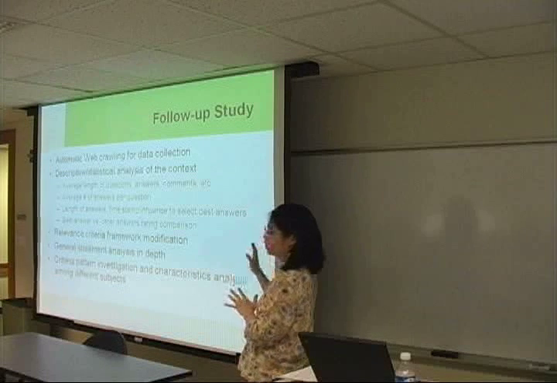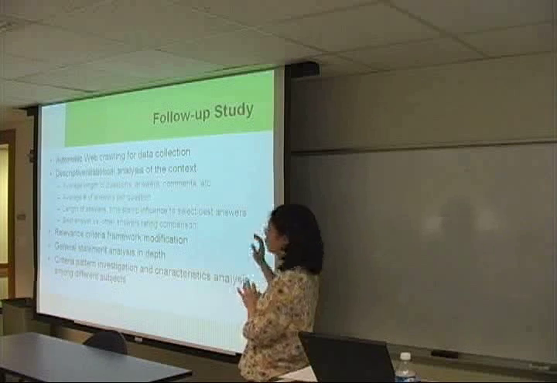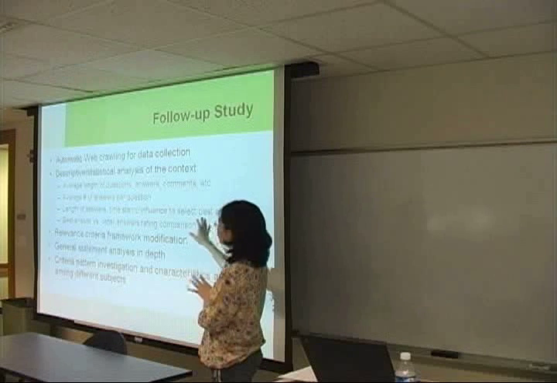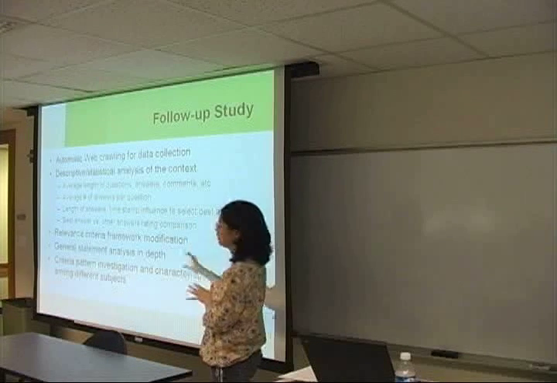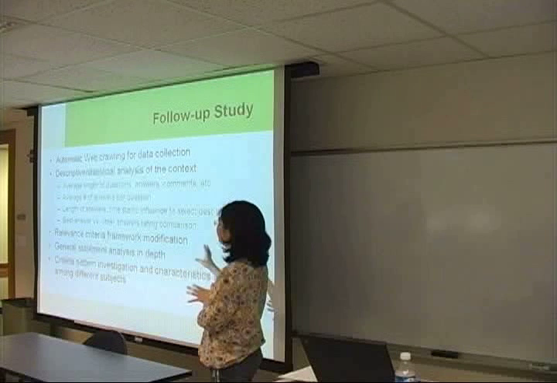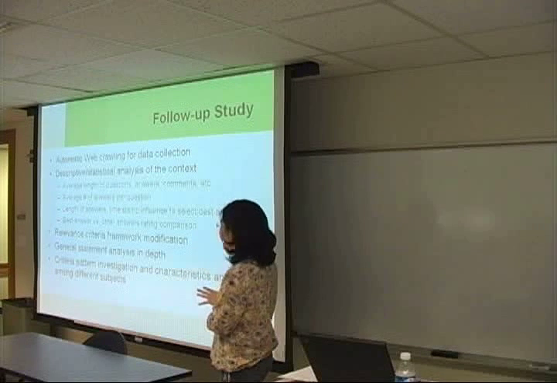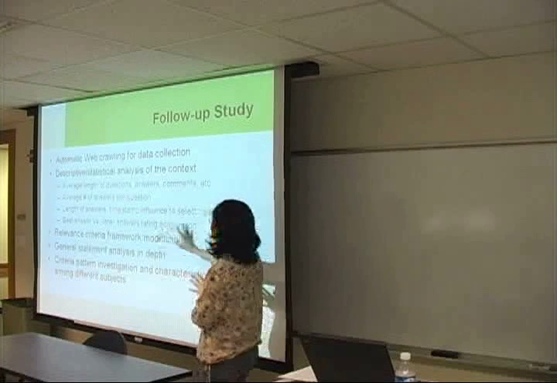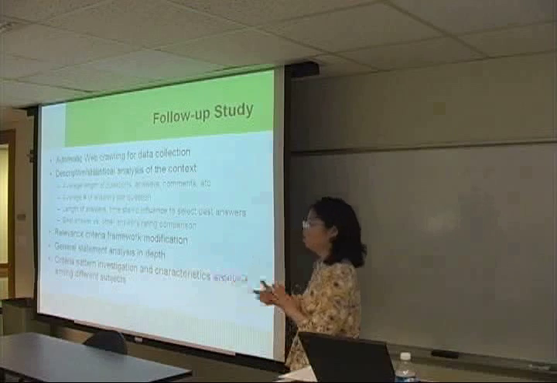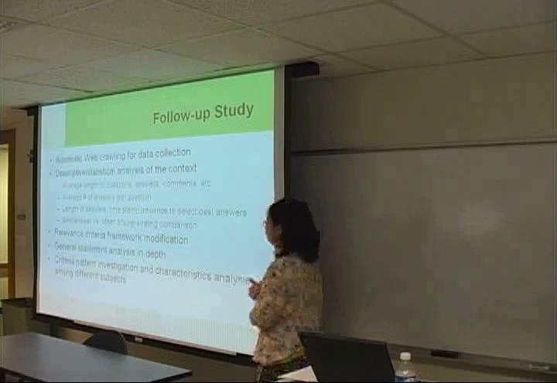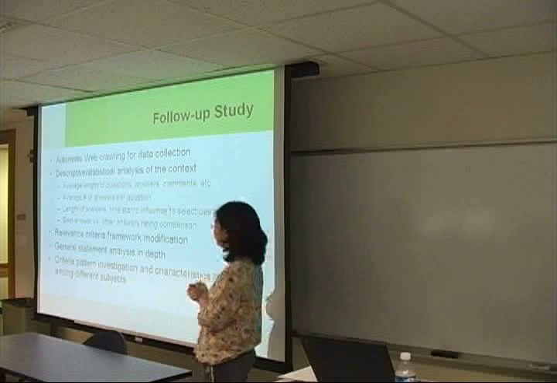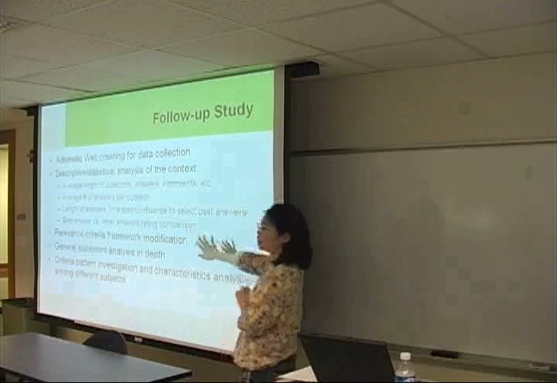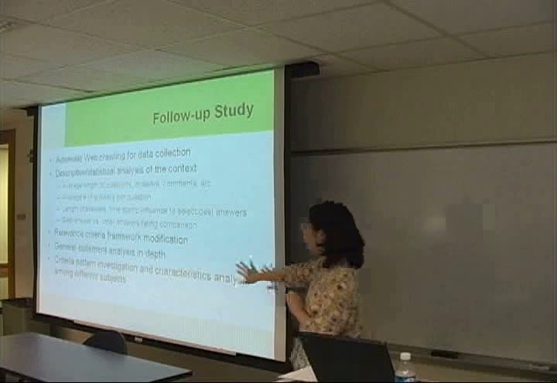But for this follow-up study, if we stick to the relevance criteria judgment framework, then we can do some descriptive statistical analysis of the context. What will be the average length of questions, or even whether the length of questions or the time stamp influences the selection of the best answers? Those could be possible new criteria that influence people's judgment on answers. Also, the ratings of best answers and other answers could be compared here.